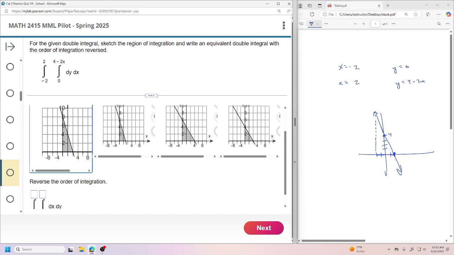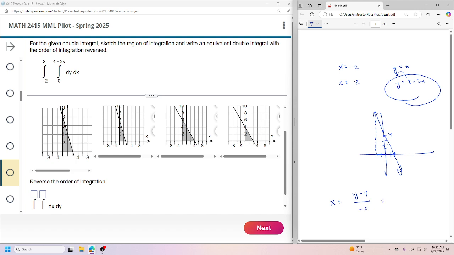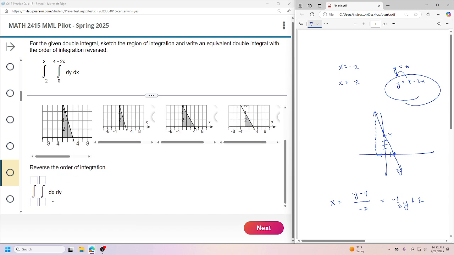And then now I have to reverse it. So what I want to do is get basically this one reversed. So, move this guy over, and then I'm going to divide by the -2. So y minus 4 divided by -2, plus 2 if you want to make it look pretty. So that's the big one.